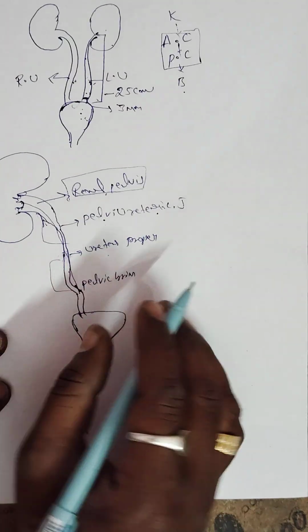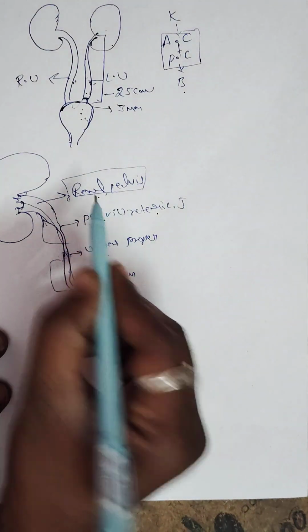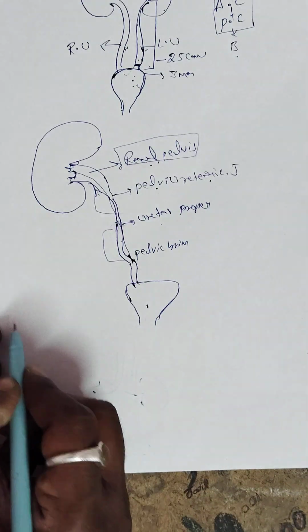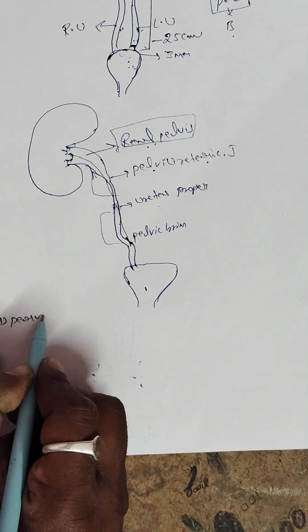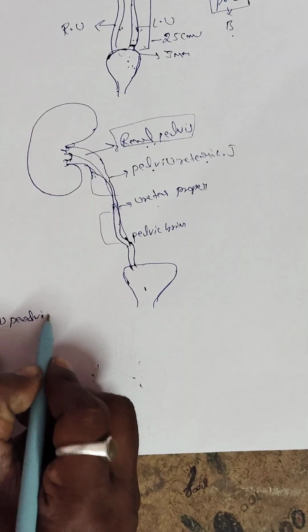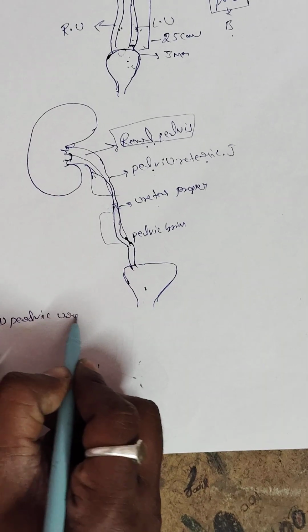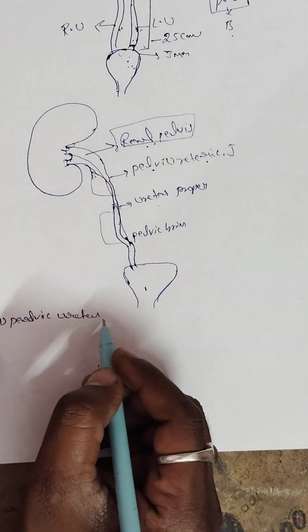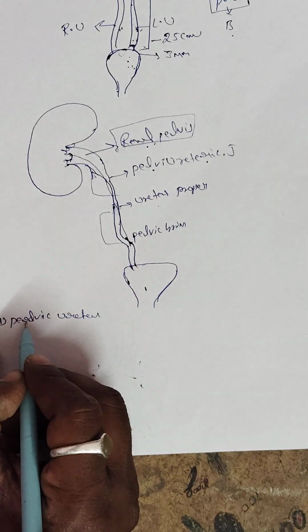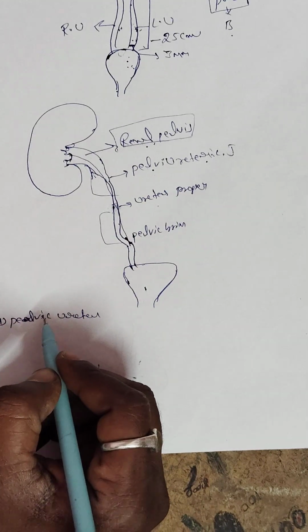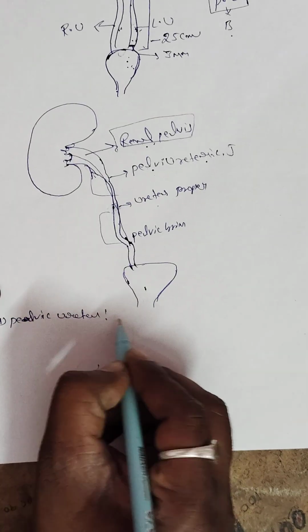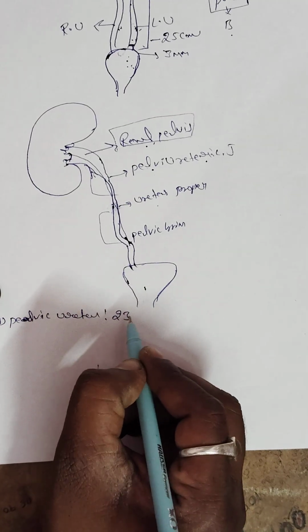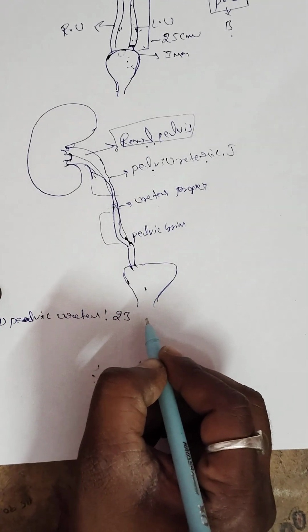The next one, parts of the ureter. The first part is the pelvic ureter. What is its importance? It is formed by 2 to 3 major calyces.